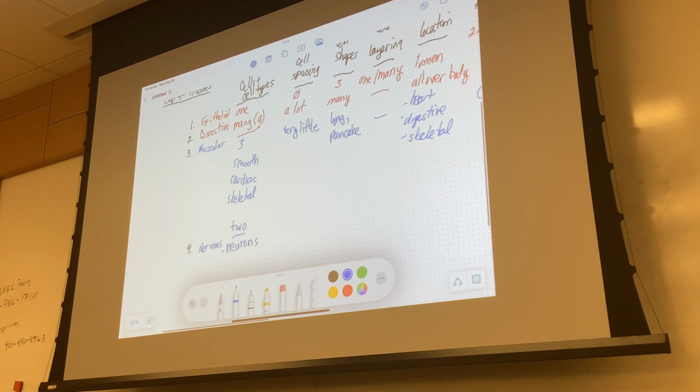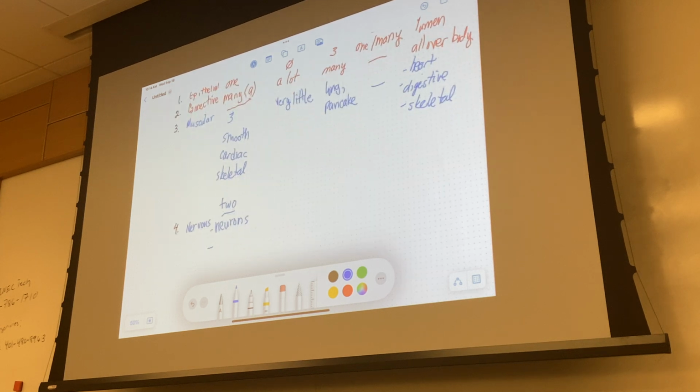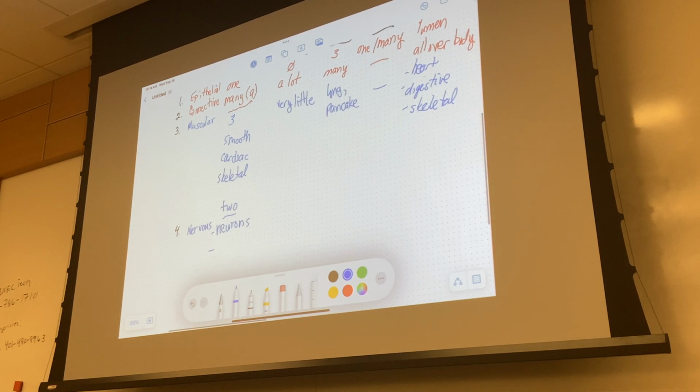That's a part of the nervous system, but there are cells that help neurons, and there are two names for them. Generally I use the word neuroglia, or glial cells.